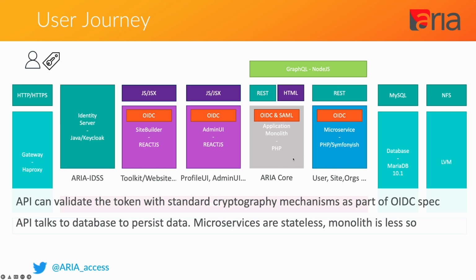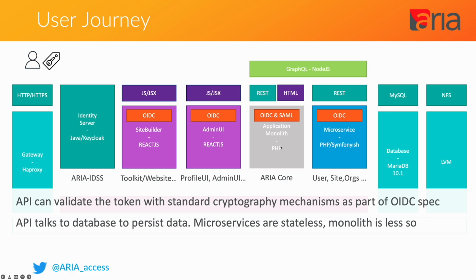The monolith, the old ARIA system, still uses sessions to store state. Eventually, once we've replaced the interface with Site Builder, we would be able to do away with this.